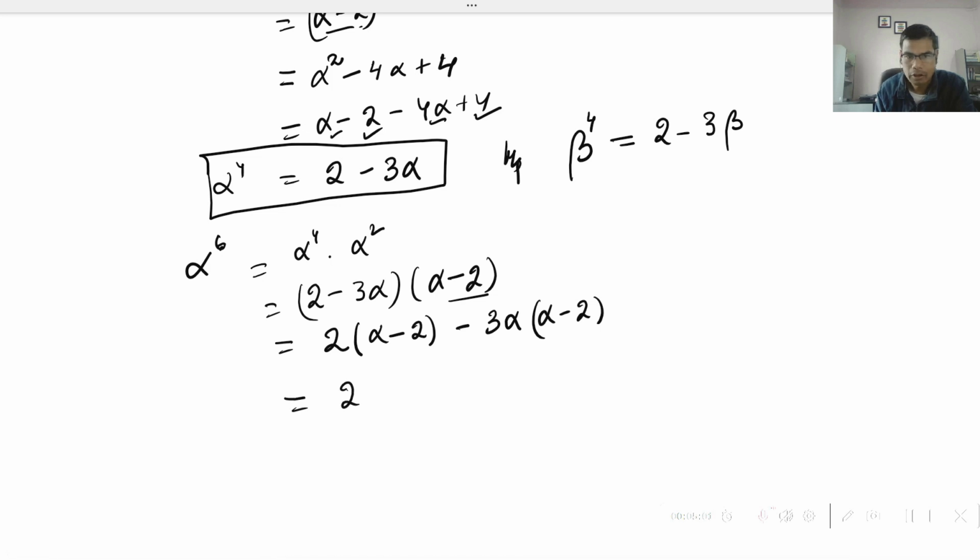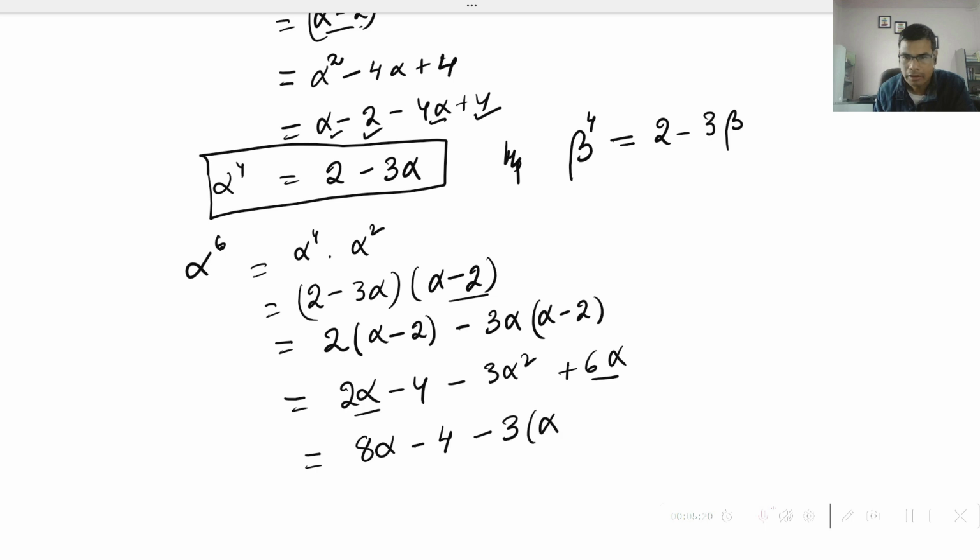So this will be 2 alpha minus 4 minus 3 alpha square plus 6 alpha, which is 8 alpha minus 4 minus 3 alpha square.